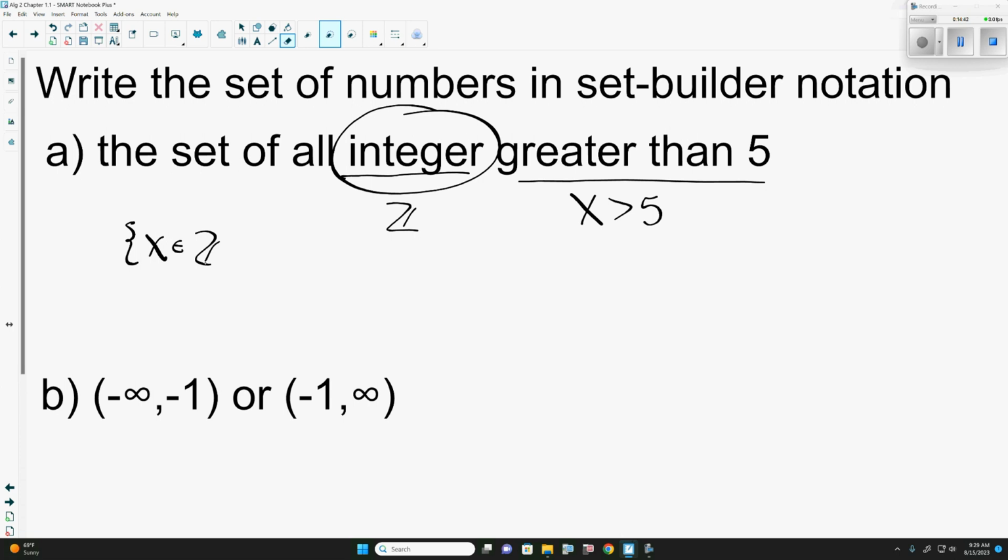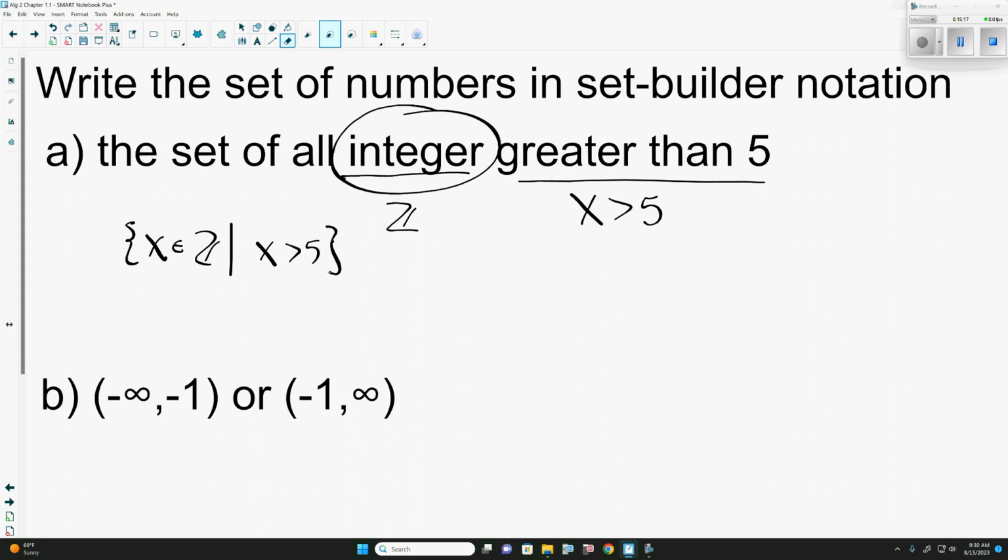So here, instead of saying for all real numbers, we are saying for all values of x in the integers, such that, what did it tell us our x was? That's set builder notation. The textbook is going to do this a little differently, so if you're checking, make sure you got it right.